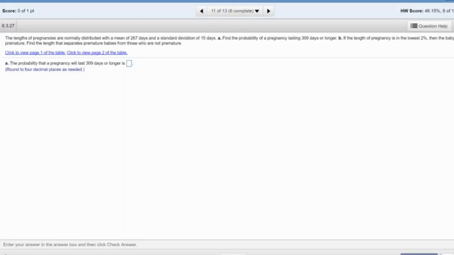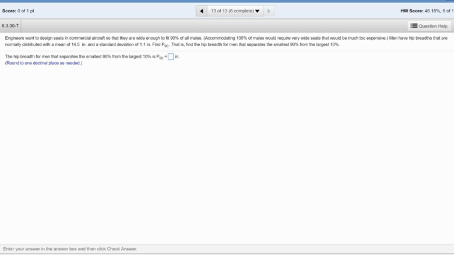Now the next one that I want to do is the last question, 13, the P90. P90 stands for the 90th percentile. The 90th percentile separates the best 10% from the lower 90%.